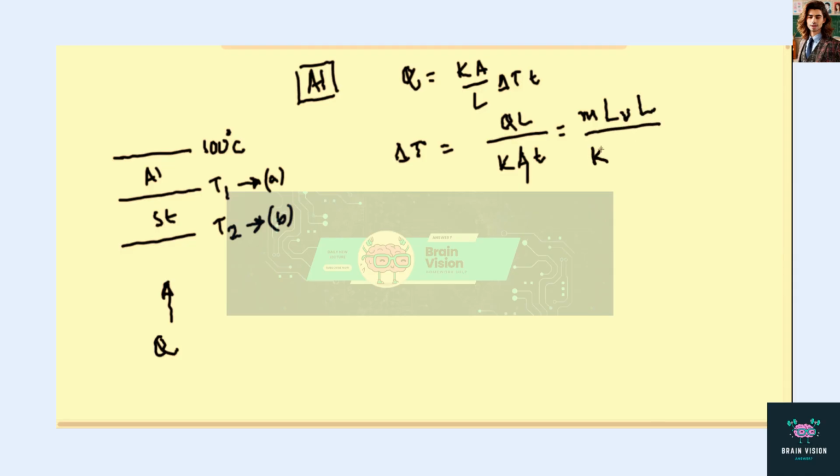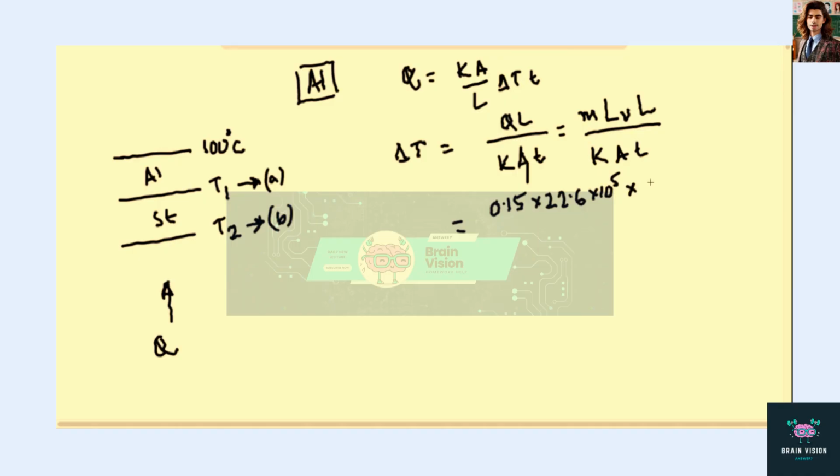And then for the area, the area is given, so we can just leave the area and the time together. The mass of the water that is getting boiled is 0.15 kilogram. The latent heat for water vaporization is 22.6 times 10 to the 5.